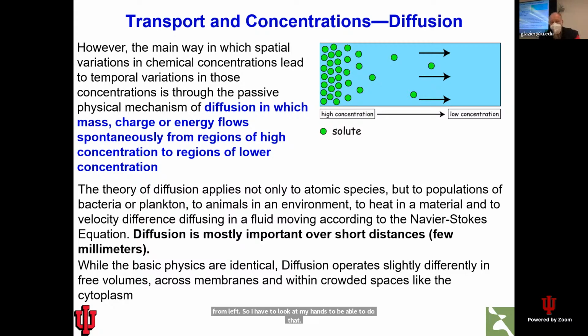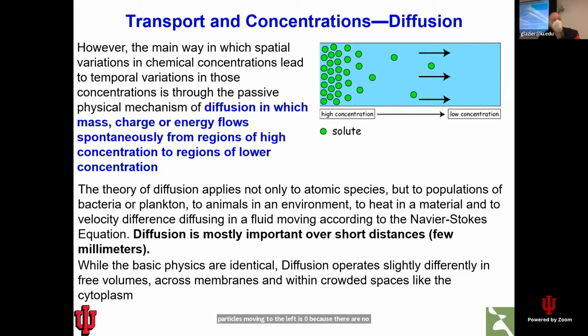So on the right, there are no particles. On the left, there are many particles. If the probability of each particle moving to the right or to the left is equal, and I ask what is the net flux, if I look on the right-hand side, the fraction of particles moving to the left is 0 because there are no particles.